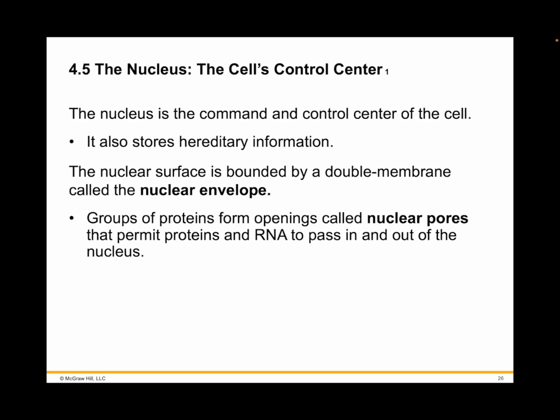The exchange of materials occurs through the openings scattered over the surface of this envelope. Nuclear pores are the openings which form when the two membrane layers of the envelope pinch together. The nuclear pore is not an empty opening. Rather, it has many proteins embedded within it that permit proteins and RNA to pass into and out of the nucleus.